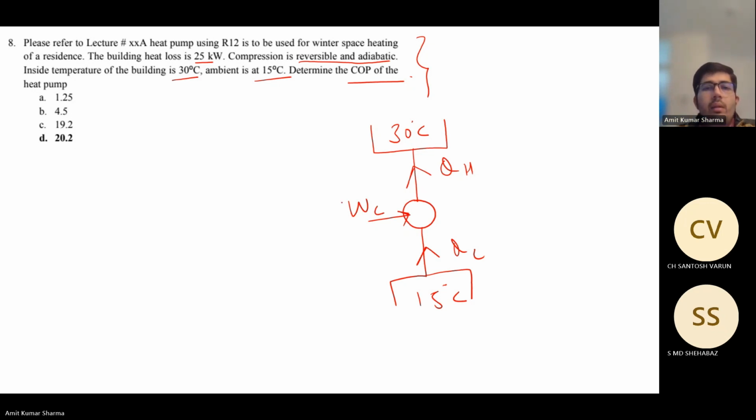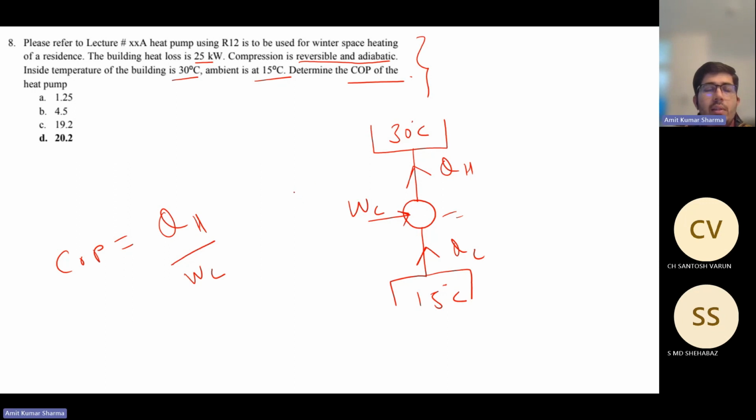COP is desired effect upon work input. The desired effect here is QH, and the work input is WC. We have been given reversible adiabatic compression.